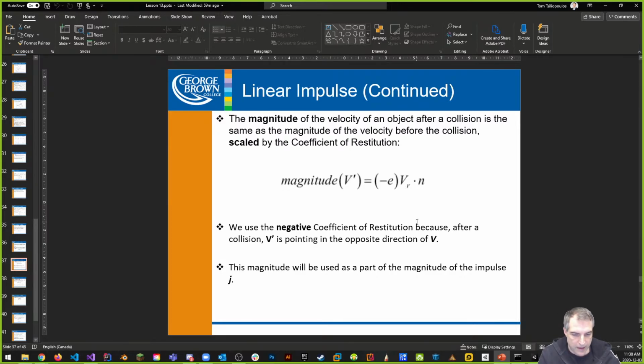The magnitude of the velocity of an object after the collision is the same as the magnitude before the collision. Again, this goes back to the idea of conservation of momentum. It's going to be scaled by the coefficient of restitution, which is what we talked about earlier with your assignment number 3.